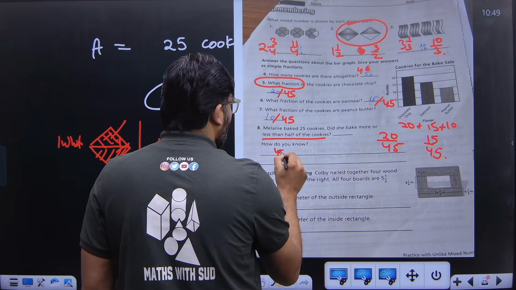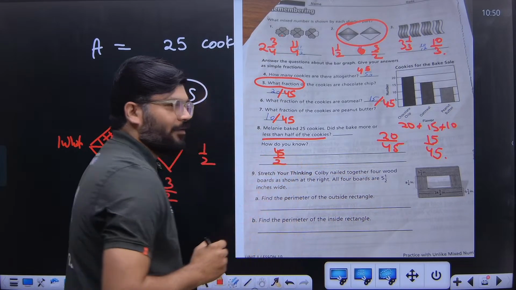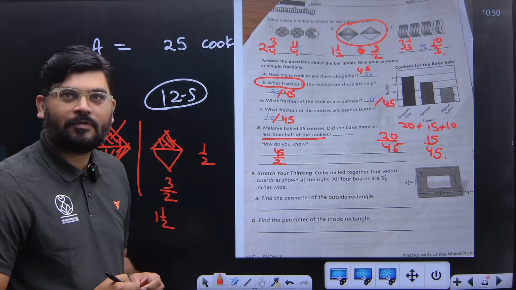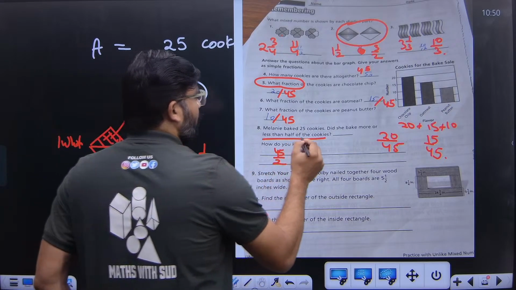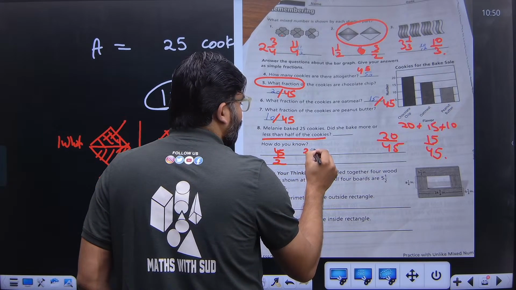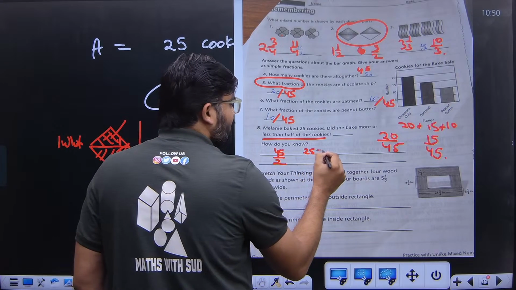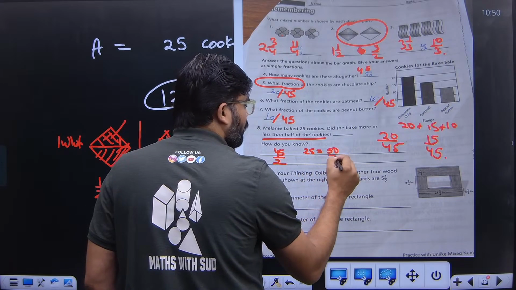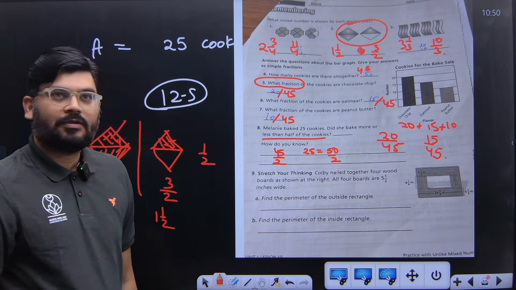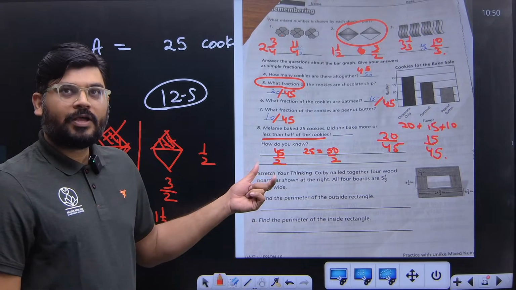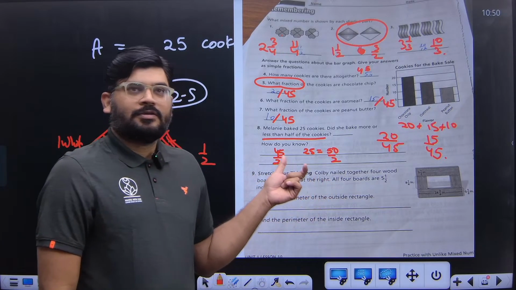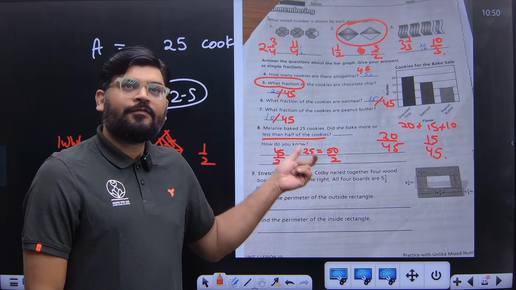No, half of 45 is 22.5. That is 45 by 2. And what is double of 25? If I want to write 25 as a fraction, I can write it as 50 by 2. So half of 50 is 25.